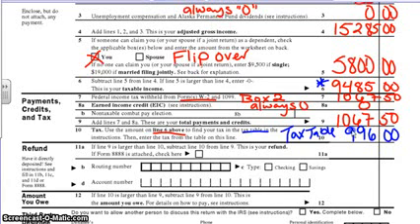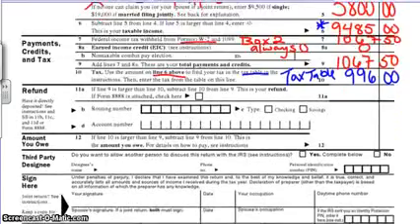Okay, now these next two lines are going to tell us whether we are going to get a refund or if we're going to owe money back, or if we're going to have to pay the government some money. It says for 11, if line 9 is larger than line 10, stop right there. Look, is line 9 larger than line 10? $1,067.50 is in fact larger than $996.